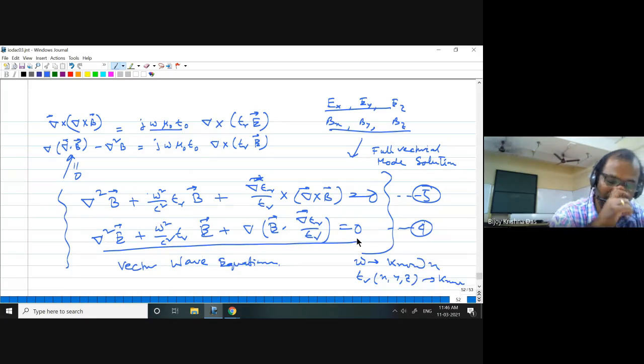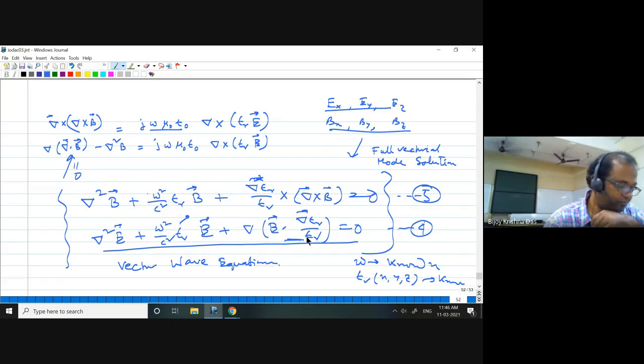Only the core region I want to restrict my solution to. Whenever I write epsilon r equal to the core region refractive index, then as long as I restrict my solution within 0 to D, this part is 0, right?